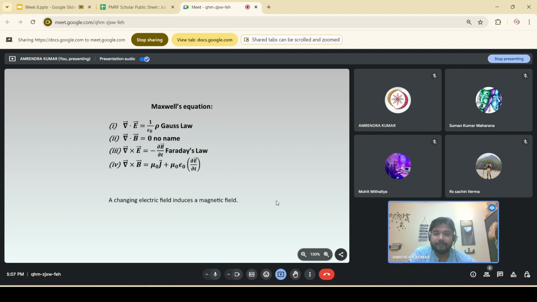And the last equation is del cross B equal to mu 0 J plus mu 0 epsilon 0 del E over del t. You know that in the last tutorial session, we saw how this del E over del t term is included in the fourth equation.